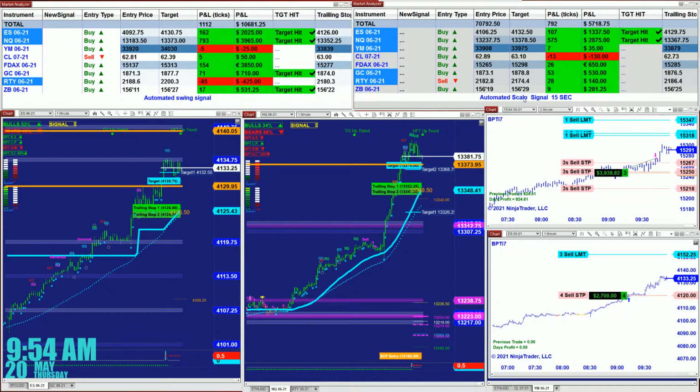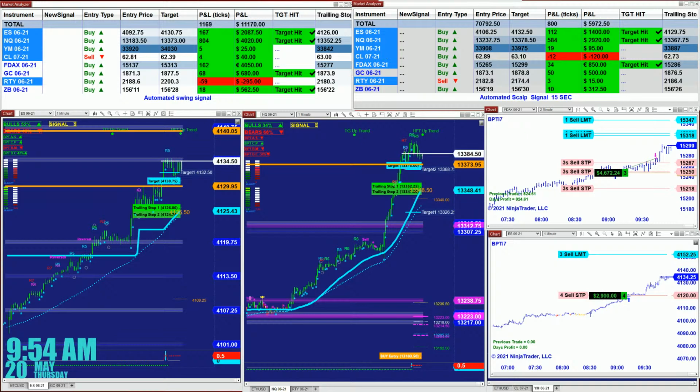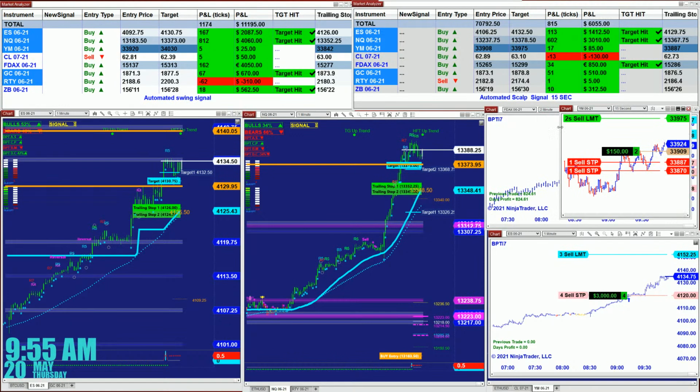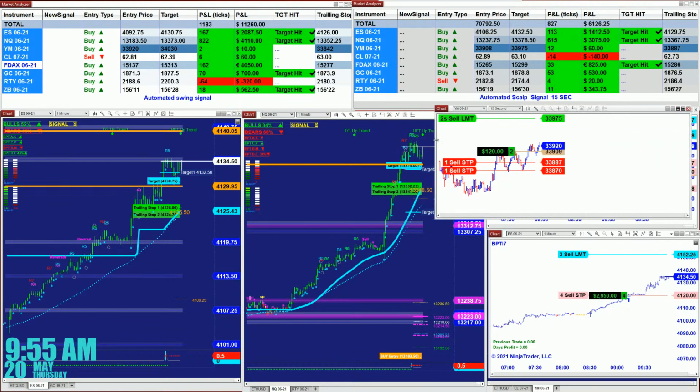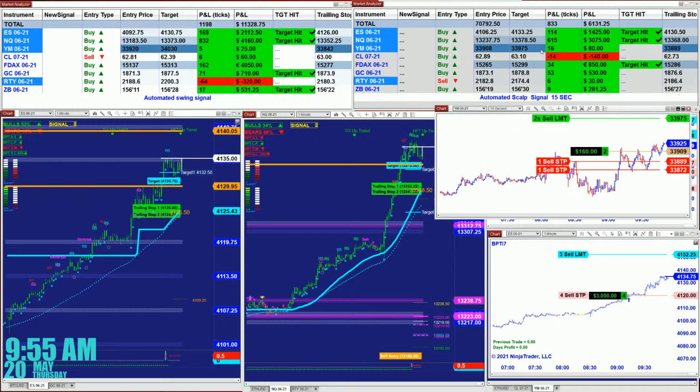On the scalper, on the right upper corner, this is the scalper automated signal. On the scalper automated signal, we use the 15 seconds. Let me see if I have anything 15 seconds at the moment. I do. I have one here, and no, actually I have two. Here is the 15 second, and when the signal fires, you will get it.